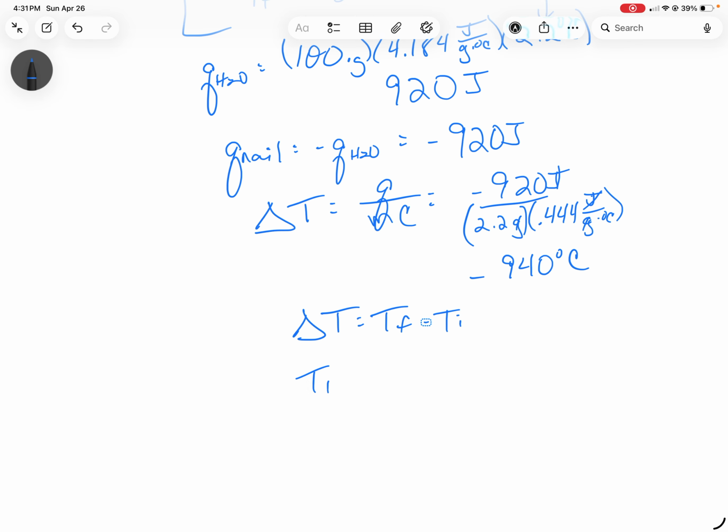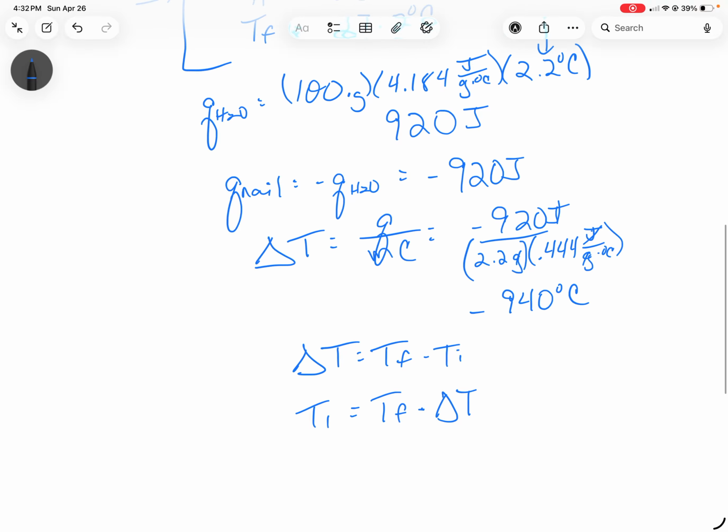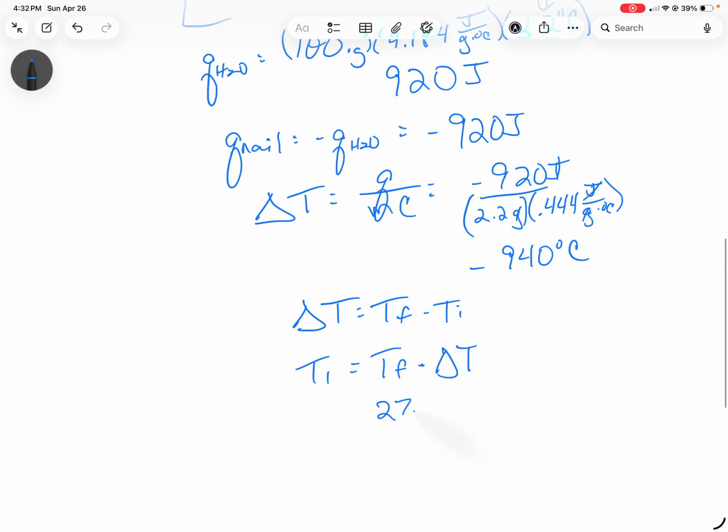I'm going to subtract delta T from that side, and I'm going to get the T final for both the nail and the water was 27.2 degrees C minus negative 940 degrees C. So that's 940 plus 27.2.